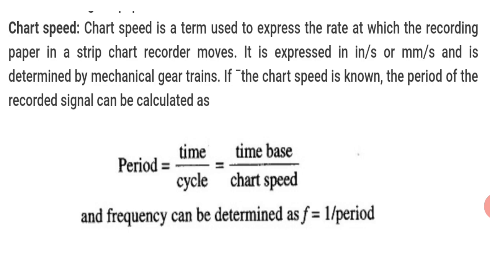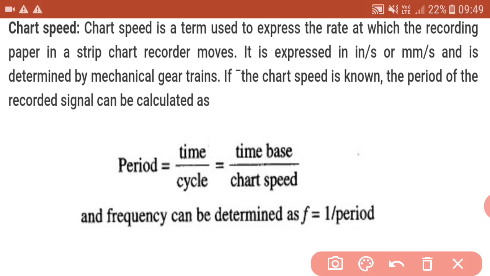Chart speed. Chart speed is a term used to express the rate at which the recording paper in a strip chart recorder moves. It is expressed in inch per second or per second, and is determined by mechanical gear trains.